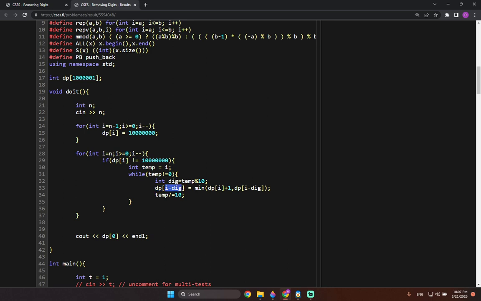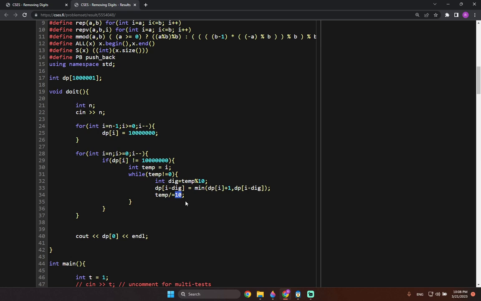So if we remove that digit, then the solution for dp[i minus the digit] will be equal to either the current solution that we have for our digit plus 1, since we are removing one more digit, or it's going to stay the same as it is. So we use the minimum function to pick the minimal solution. Otherwise, if there is no solution for this subproblem, it's going to be 10 million. So our solution will always be smaller than 10 million, for apparent reasons.